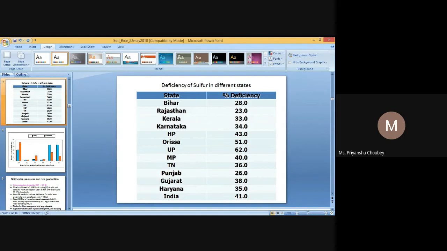So, types and description: granular is a rounded structure, and blocky is rounded too but larger than granular. So here are the different types of soil structures, with descriptions and pictures.